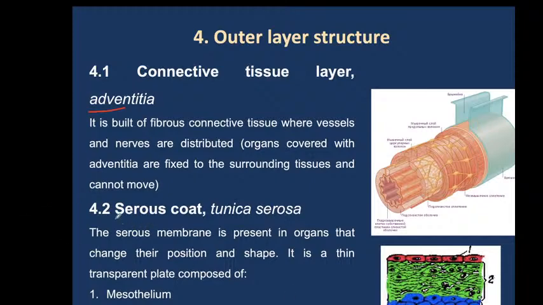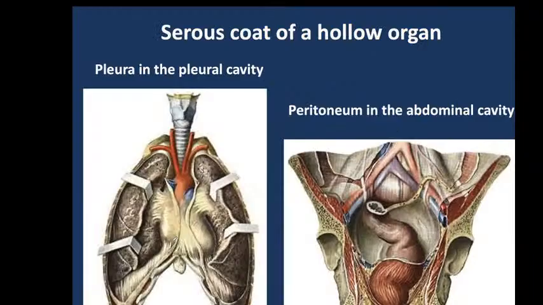This is the name of proteins. Actually, the serous membrane produces this fluid with the proteins, and it helps organs to move or slide on each other, because it reduces the friction.